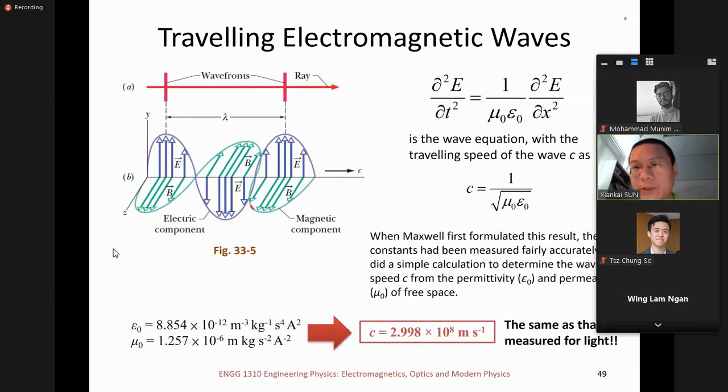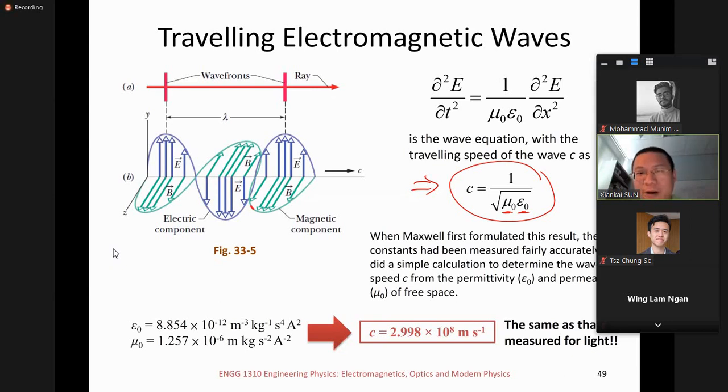So just now we derived the expression for the speed of traveling electromagnetic waves. When Maxwell first formulated this result, the two constants, the permeability constant and the permittivity constant, had already been fairly accurately measured.